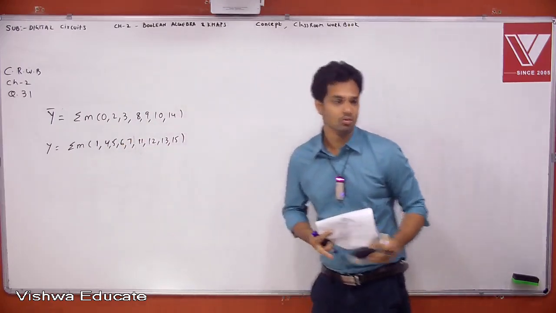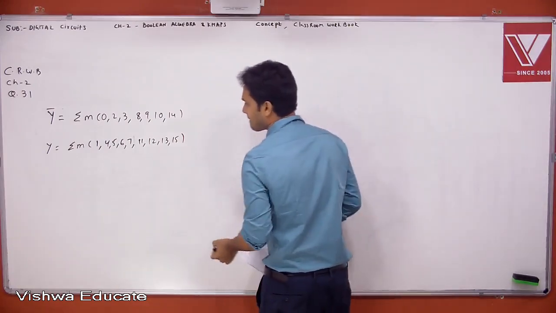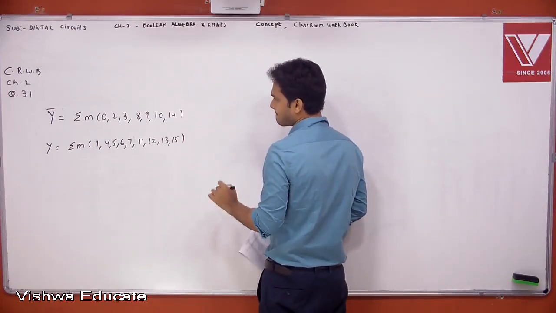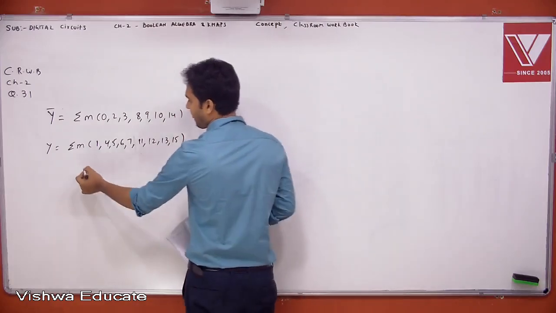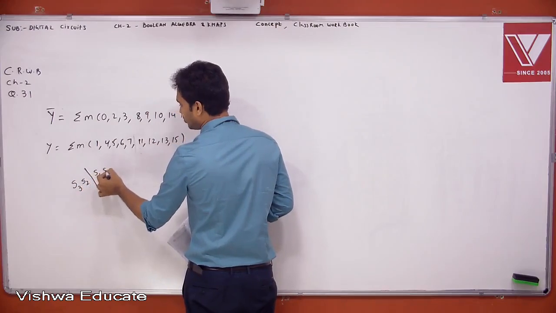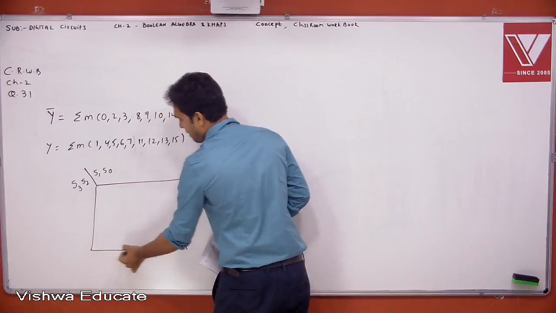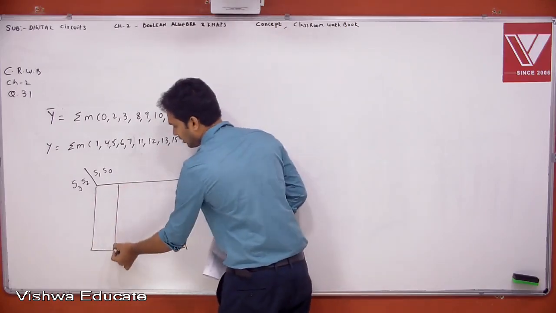Now see here. Let us enter this in the K-map. S3, S2, S1, S0. It's a conventional question.